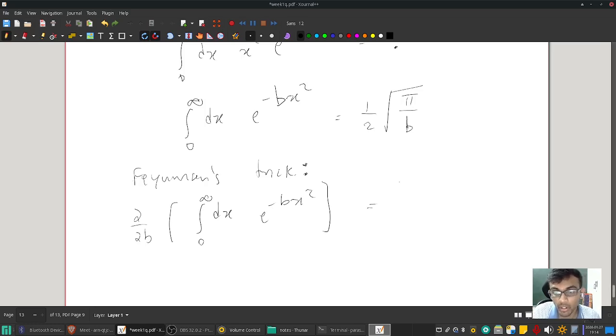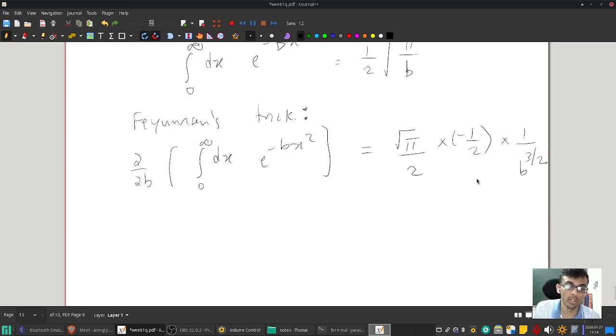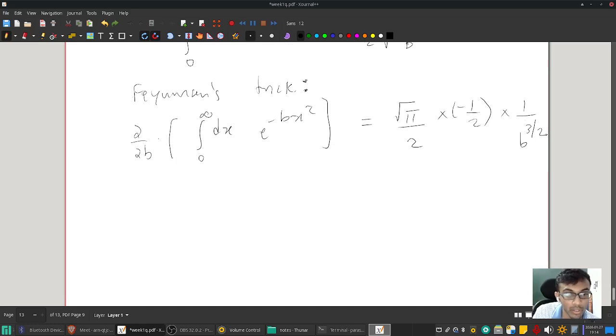So on the right hand side, it's simple enough to take this derivative. So it's going to be this, and this derivative with respect to b brings down whatever we want into the integrand.